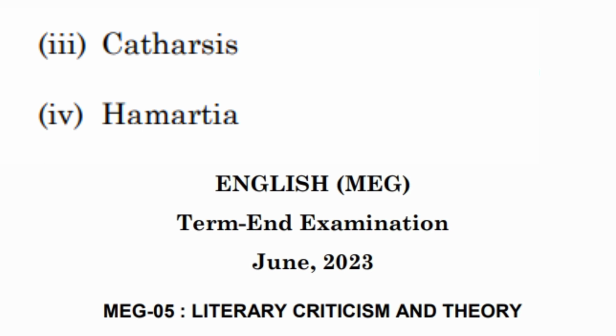The fourth question in this section deals with hamartia. Hamartia, as we know, is a term from Greek tragedy. It refers to the tragic flaw or error that leads to a character's downfall. It is often seen as a misstep or a failure to hit the mark, resulting in the tragic fall of the hero. This concept is central to Aristotle's theory of tragedy.